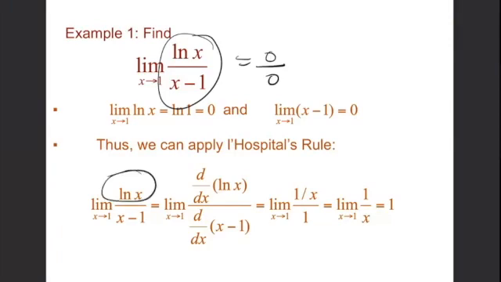The derivative of the numerator ln of x is 1 over x. The derivative of the denominator is 1. And so, applying the limit, we have 1 over 1, which is 1, and then over 1, so the answer is 1.